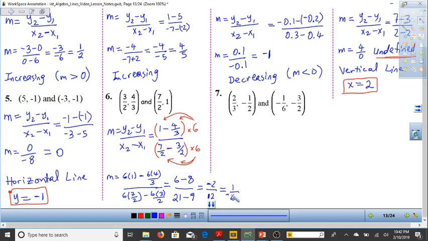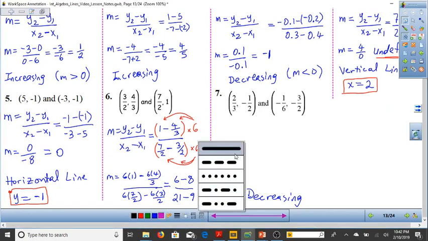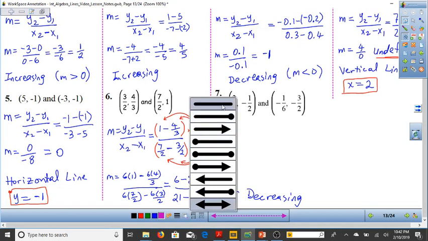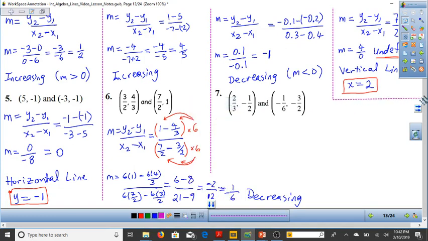So this is negative 1/6. So what we have here is a decreasing line, because again, the slope is negative. And there we have it. So when you have fractions, just multiply numerator and denominator by the common denominator, and then you can just simplify your fraction. Work with the whole numbers and simplify the results afterwards.